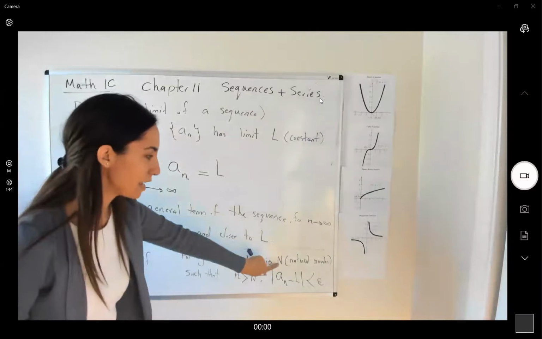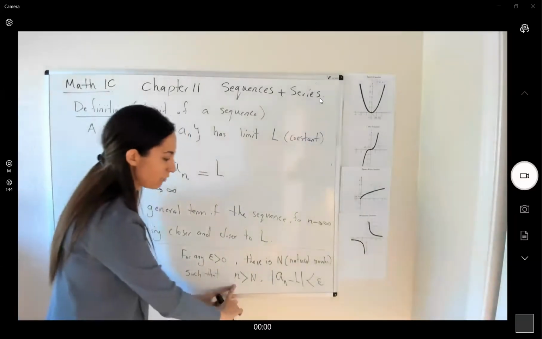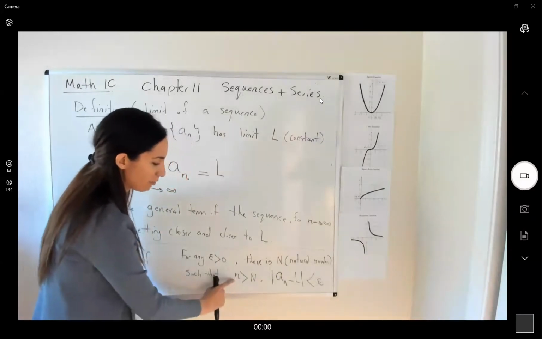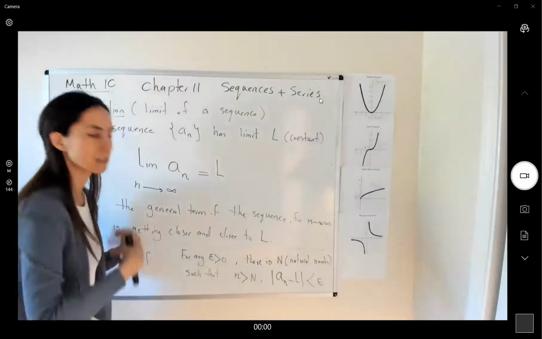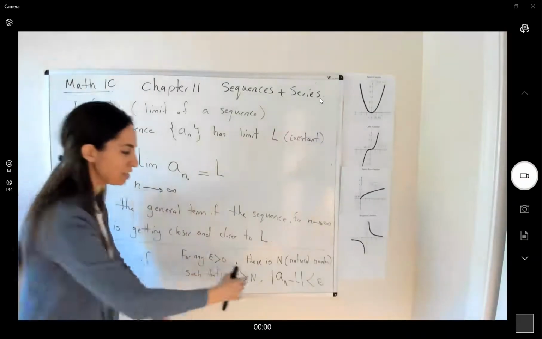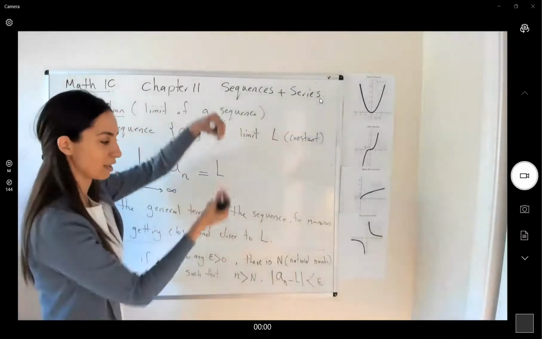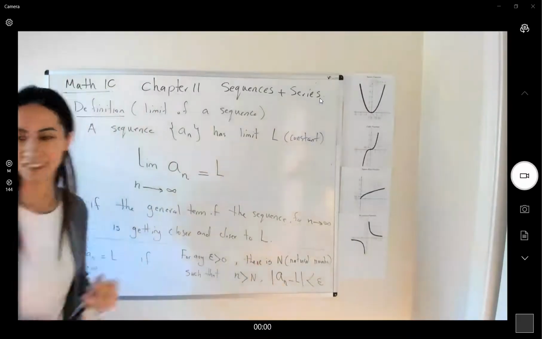There is a natural number like N such that if n is greater than N, if n goes to infinity, it means that n is getting bigger and bigger, then the distance between a sub n and L on the y-axis is very small.